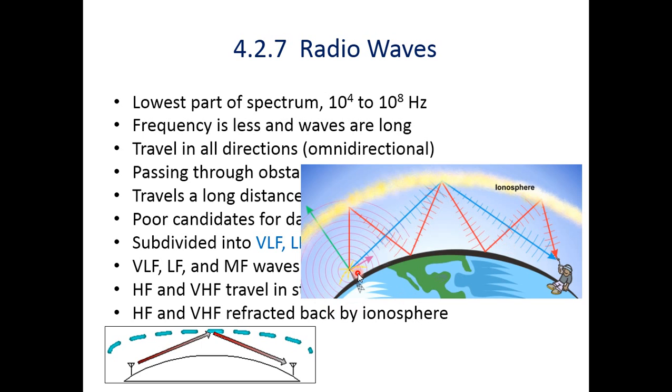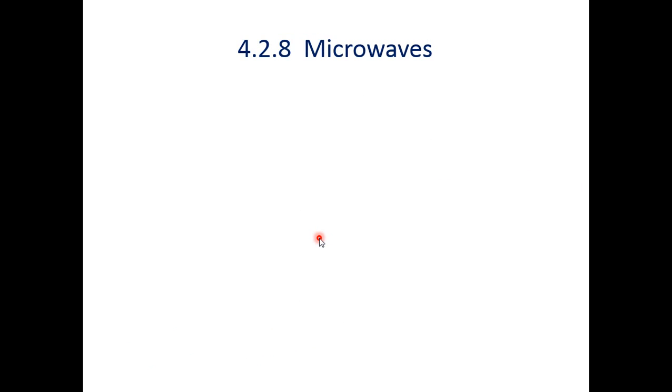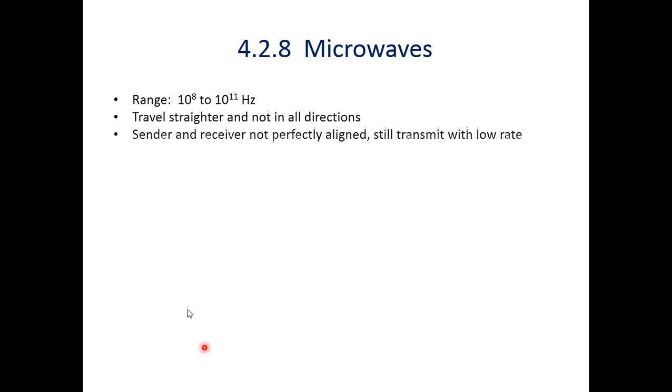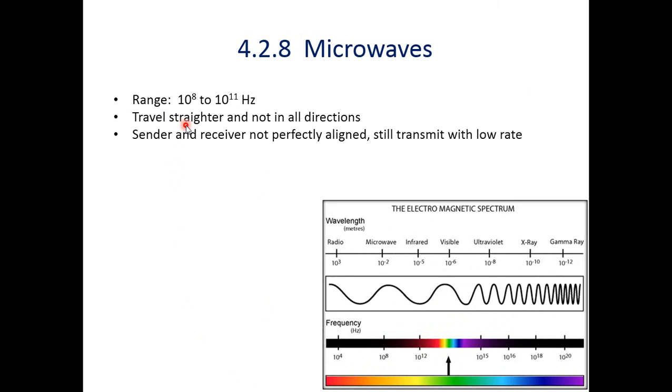But very high frequency radio waves can still traverse after crossing the ionosphere. And microwave operates in this range. It travels straighter, not in all directions like the radio waves, meaning omnidirectional. If sender and receiver are not perfectly aligned, it can still transmit the data at a lower rate.